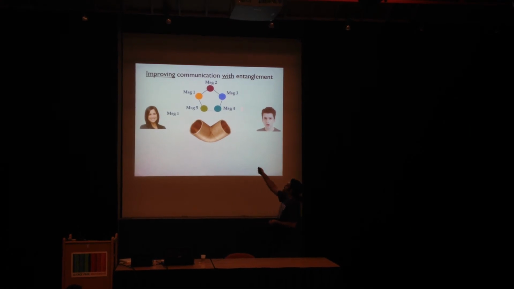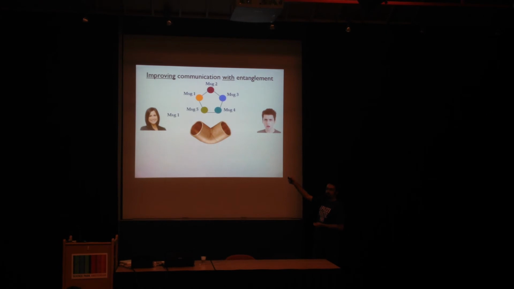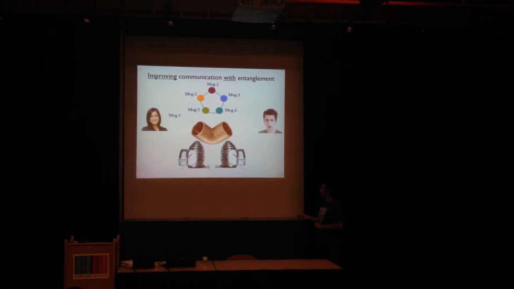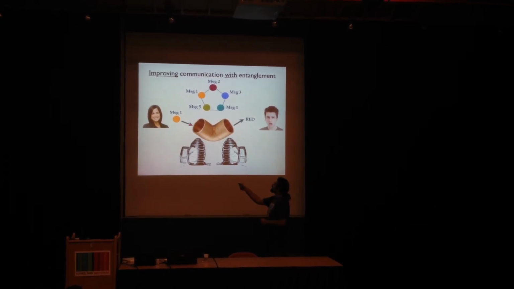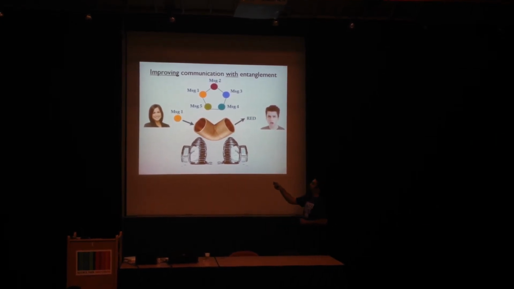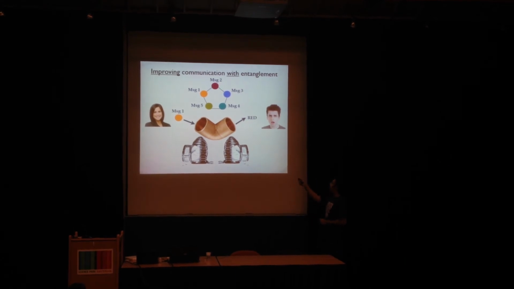So we can have the same setting as before, but now we label 5 messages, one per vertex. And we also give the players a teleportation machine. So Alice wants to send message 1. As before, she sends through the channel the corresponding input. But now Bob sees either red or yellow, suppose he sees red.